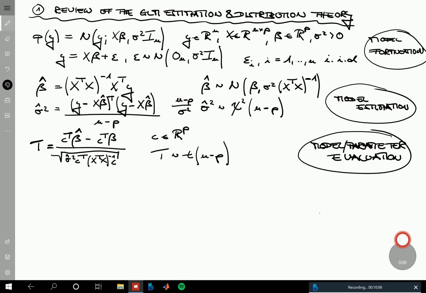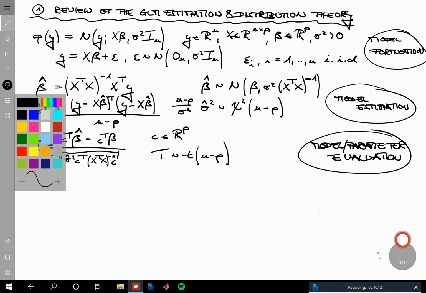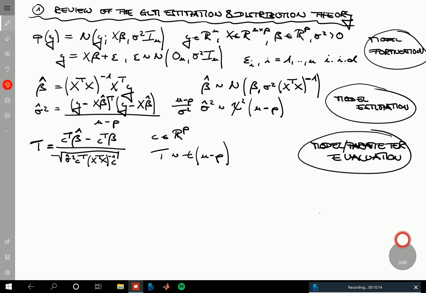So that's essentially it, but most importantly, all of this is under the assumption of IID errors, which are embedded in the spherical covariance matrix.